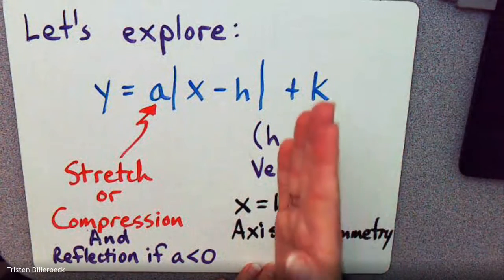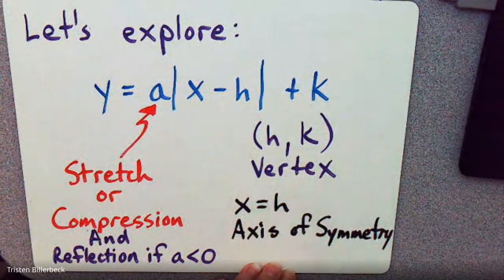It's the vertical line going through that point on x. All right, so let's take a look at Desmos and just play around with Desmos for a tad so you get comfortable with what is going on with this.